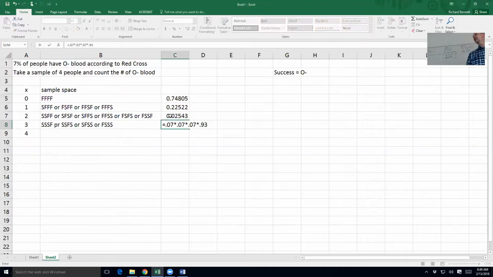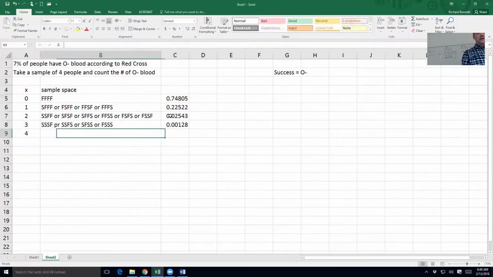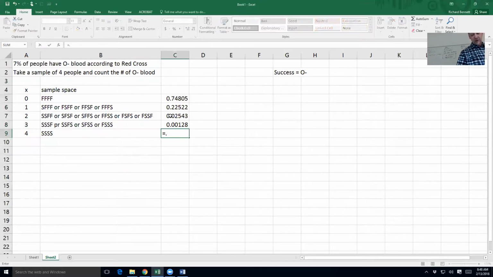How many ways are there to do this? There's 4 ways to do this. Okay. Finally, success, success, success, success, right? There's only one way that happens. Okay. So that's going to be 0.07 times 0.07 times 0.07 times 0.07. Only one way to do it. That's all we get.